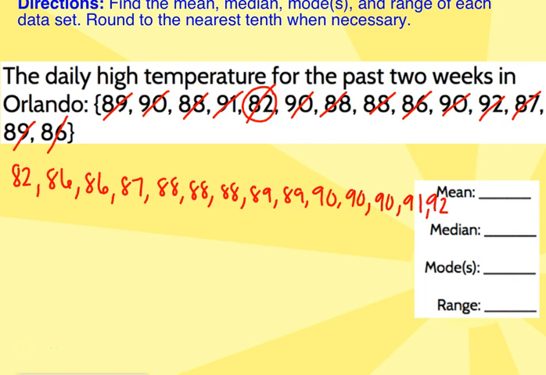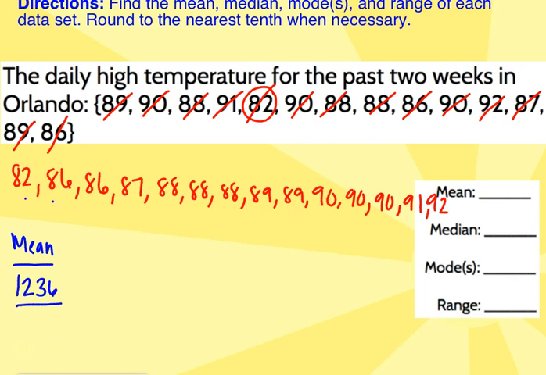So our mean, if you want to find that first one, we have to add up all these numbers. So take a second with your calculator and add up 82 plus 86 plus 86 plus 87, 88, and so on. Once you do that, hopefully you should get approximately 1,236, and we're going to divide that by however many there are.